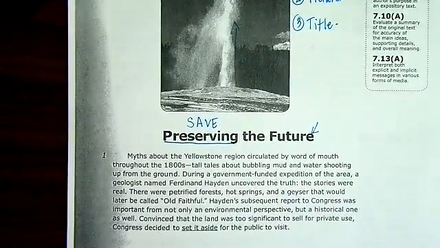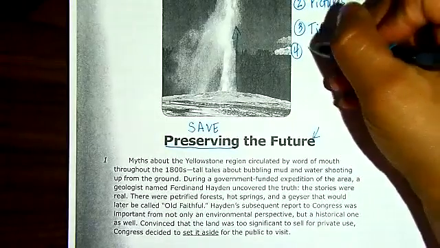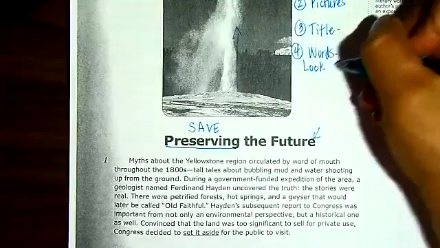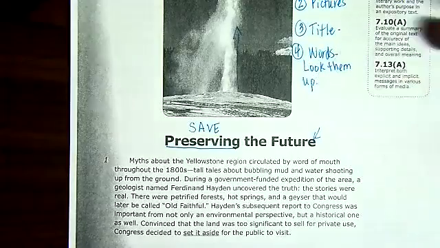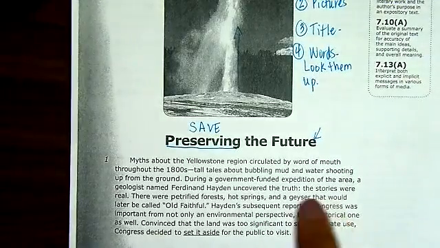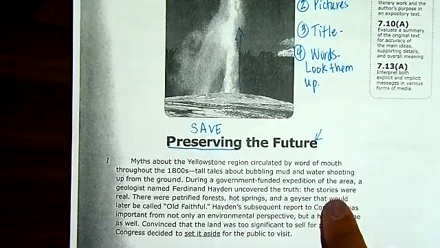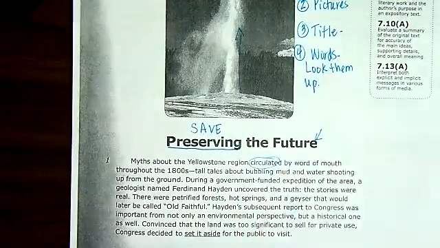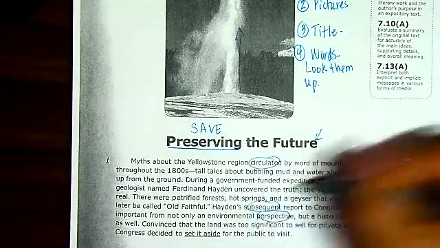From there, I'm having to look at words that I don't know. So I'm going to have to look them up. Because if you do not know the meaning of words, particularly in the paragraphs, you're not going to know what the paragraph is about. So I can circle words like circulated. I can look for words like perspective, subsequent.